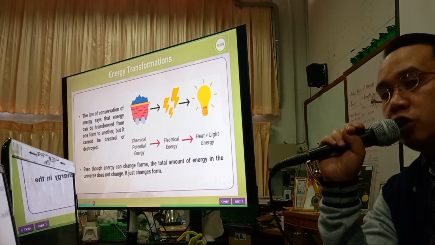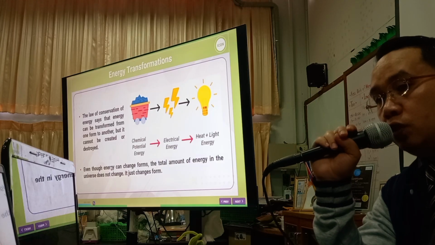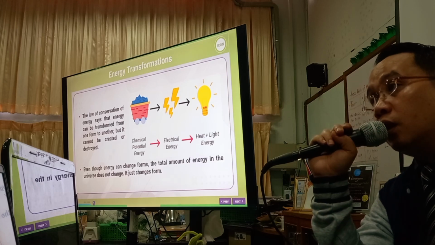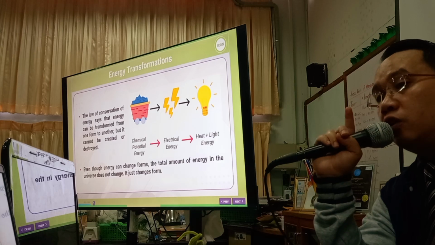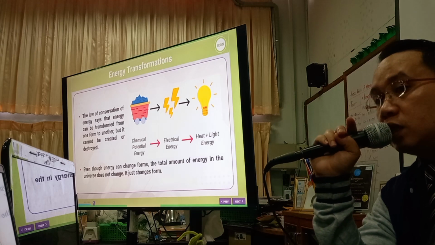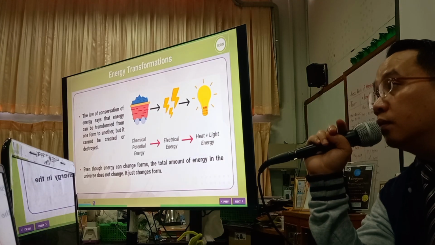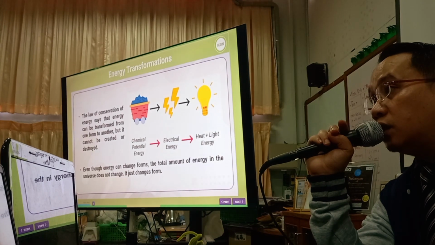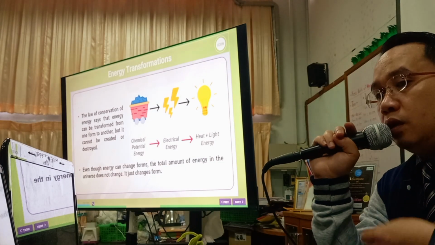Even though energy can change form, the total amount of energy in the universe does not change. If you go back to the law of conservation of mass, it states that the total amount of energy does not change. In the end, it remains constant when it comes to the presence of atoms or molecules.